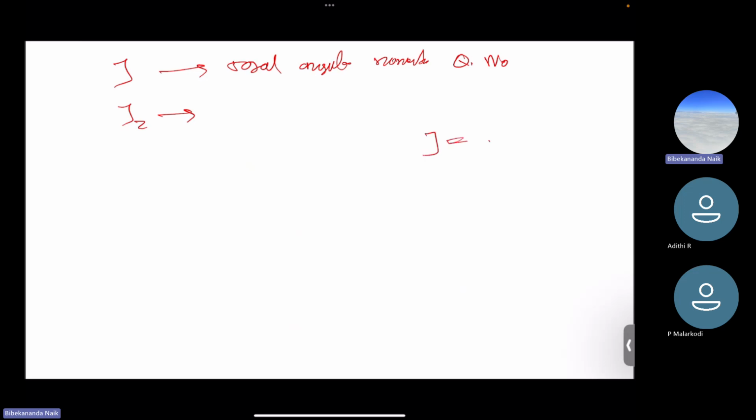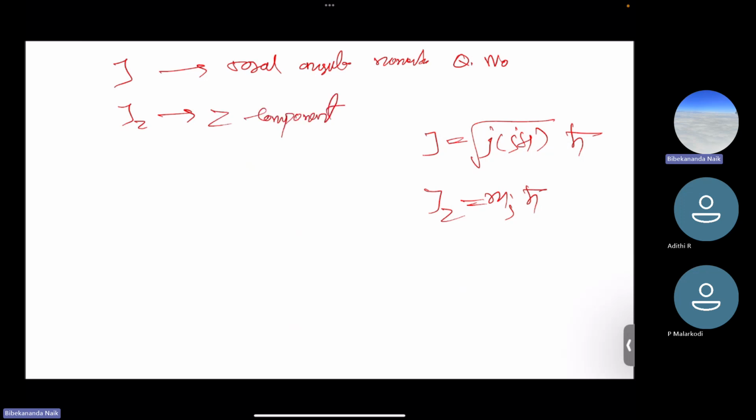Like J is root of small j into j plus 1 times h cross, and JZ will be mj h cross. So JZ will be the Z component, and corresponding to one value of J, we will have 2J plus 1 values of mj. Is this clear?